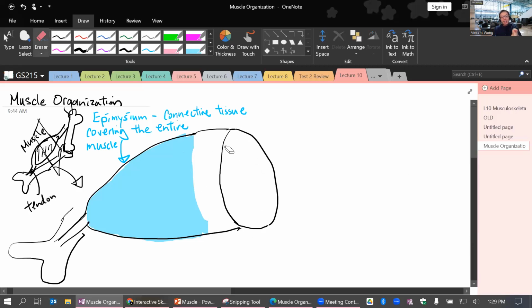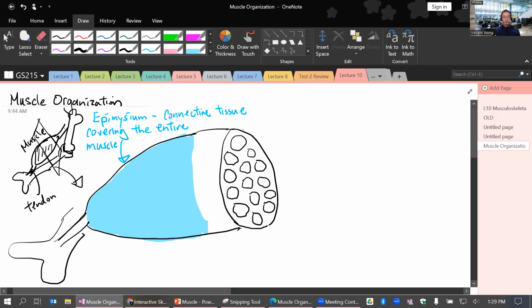If you look at the inside of the muscle, you will see individual circles like that. Okay. If you think about maybe making a pulled pork sandwich or chicken, you can shred the chicken into little strips, right? Those little strips are basically what I'm drawing right now. Okay.